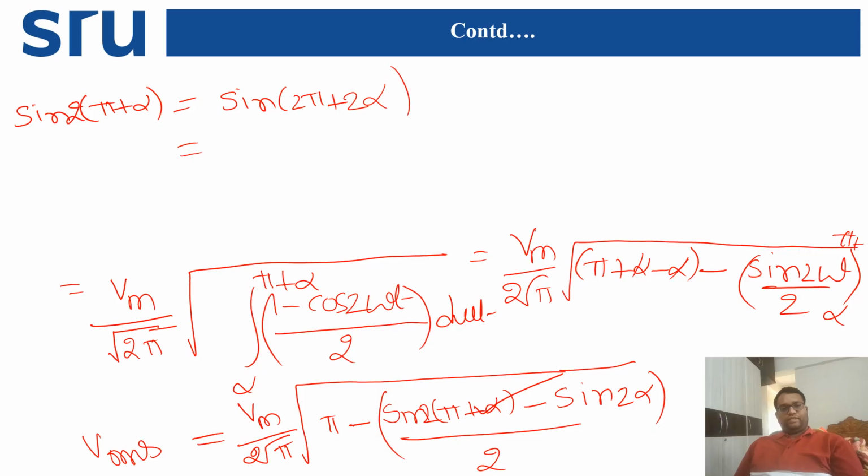Sine 2 into pi plus alpha, right? Sine 2 pi plus 2 alpha. Sine a plus b, what can we write? Sine a cos b plus cos a sine b.